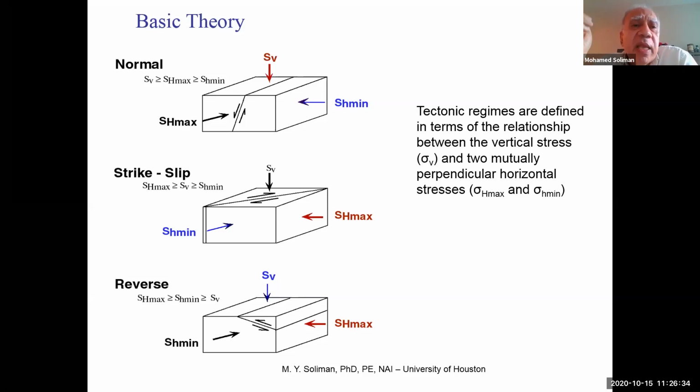So if I have a stress regime in the formation I'm looking at where the vertical stress is the highest, then the maximum horizontal stress, and then the minimum horizontal stress, and you have a fault, then this side of the fault will go down.